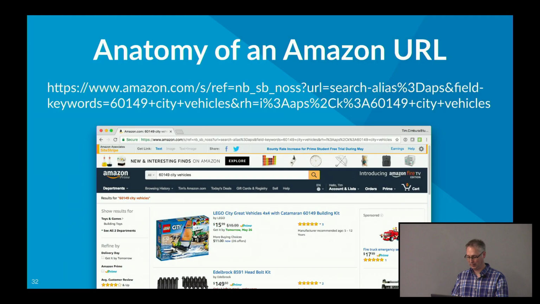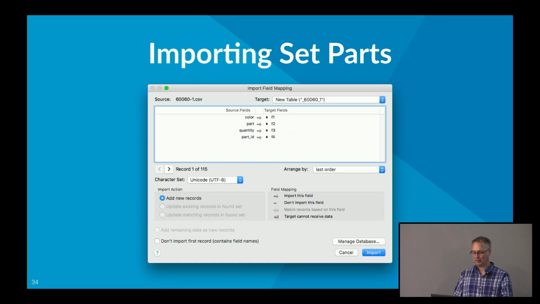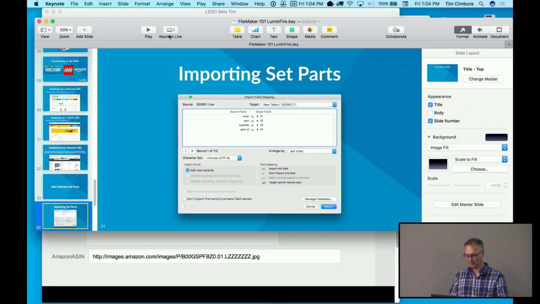It used to be a flat file database a long time ago. But to add the set parts, I think it would be very tedious for us to go and type in every single item that's in a set. But somebody has done that for us.